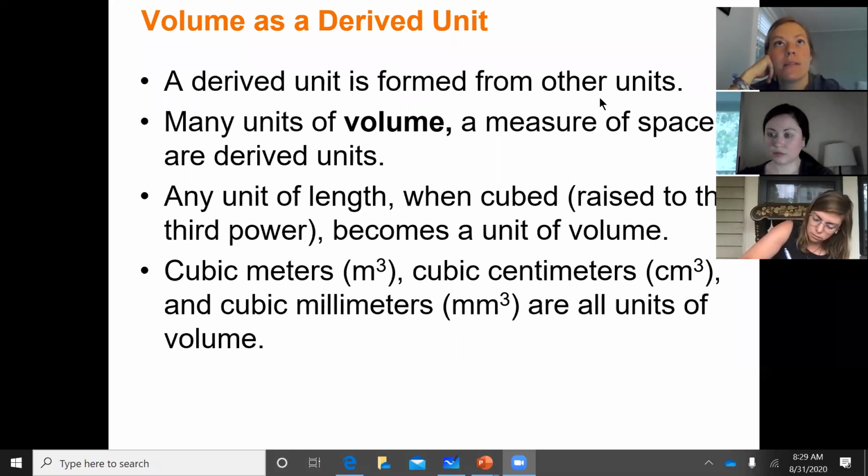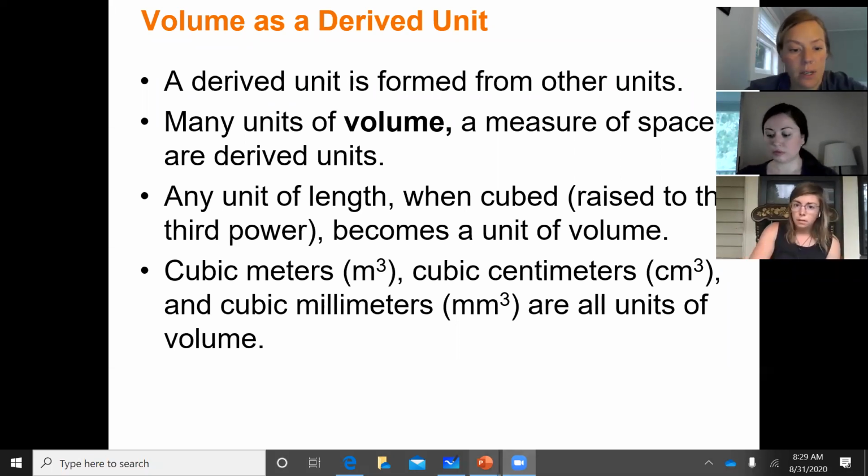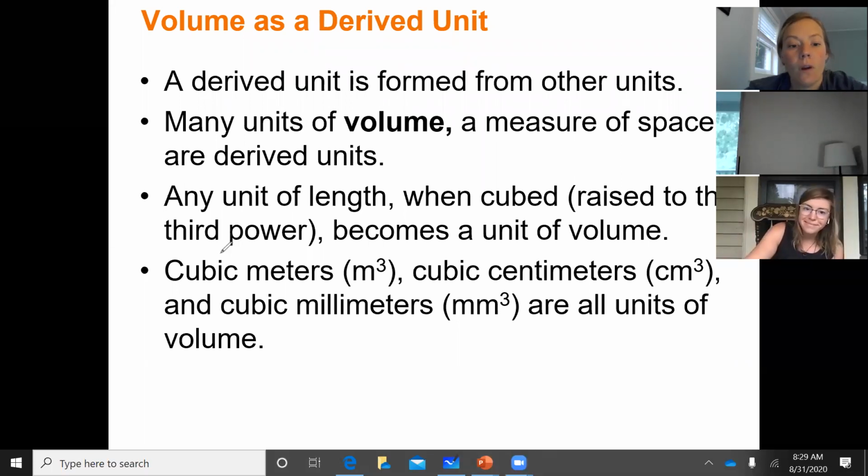Length is not a derived unit. Let me write this down. Length is a unit like meter, right? That's not derived, in that it's not more than one unit, it's just a meter.